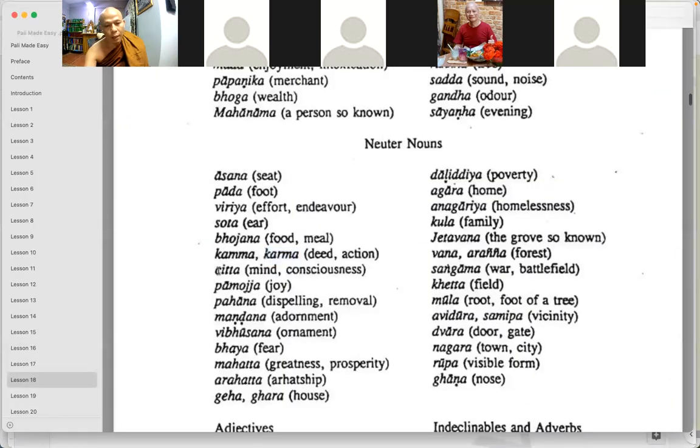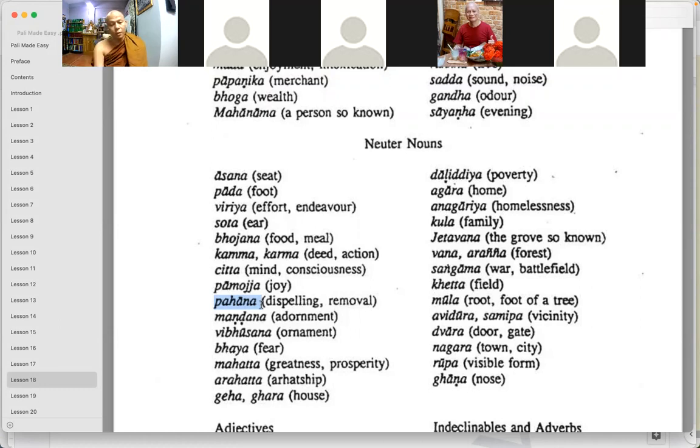And the cetas means mind or consciousness. Ceta, mind, consciousness. The same as the phala: cetan, cetani, and so on. And the Bamauja join, also Bamaujan, Bamauja, Bamaujani. And Bahana, dispelling, removal.